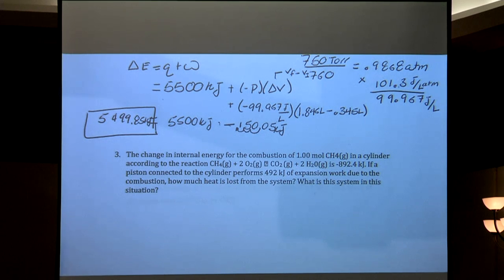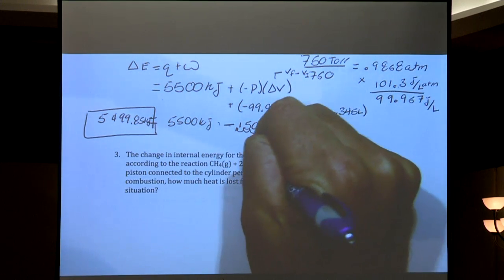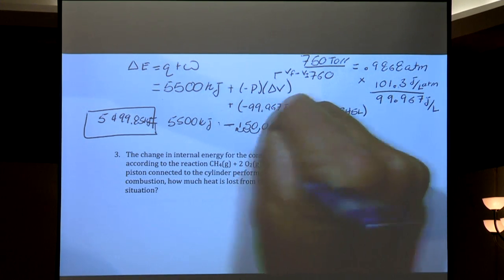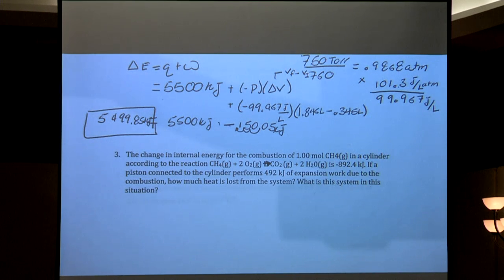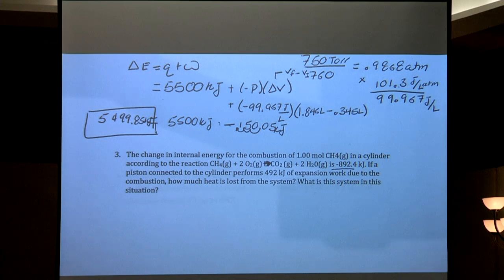Okay. So it says the change in internal energy from the combustion of 1.00 moles of CH4 gas in a cylinder, according to the reaction CH4 gaseous plus 2 O2 gaseous forms CO2 gaseous plus 2 H2O gaseous, is negative 942 kilojoules.